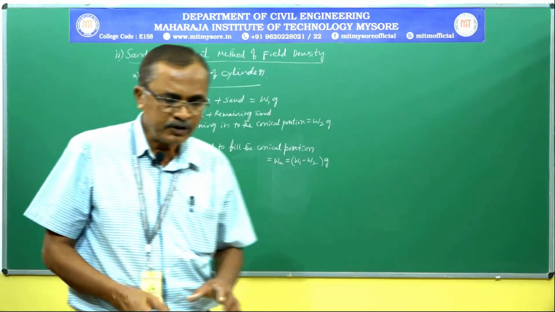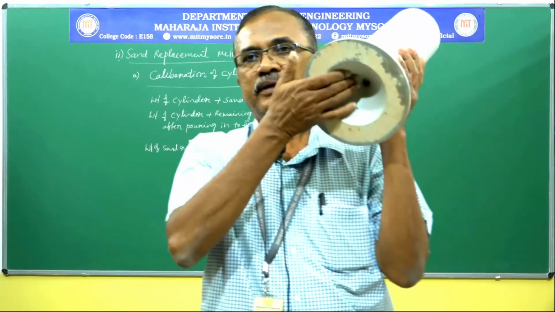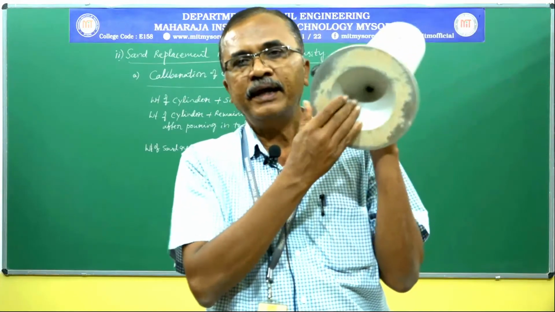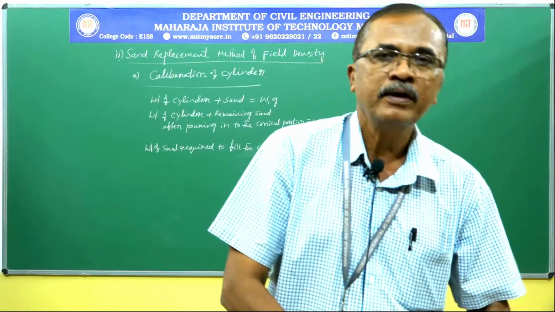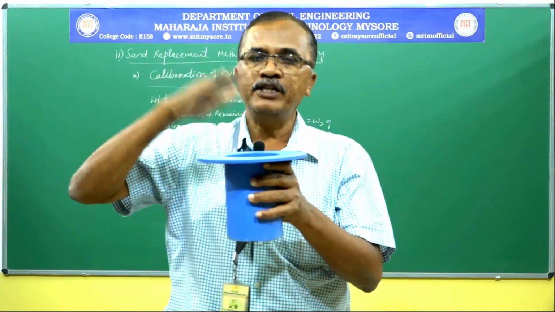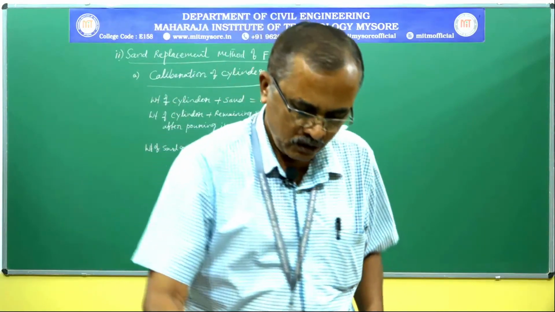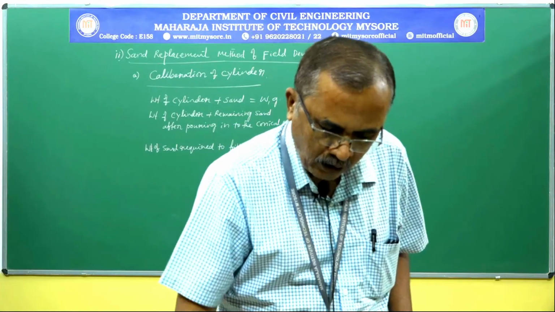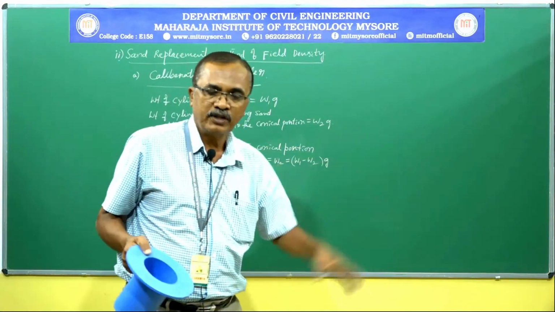The cylinder is made in such a way that the amount of sand filled in this conical portion is equal to the heap formed on the calibration container after pouring sand into the cylinder. So WC, the weight of the sand required to fill the conical portion, can be determined.